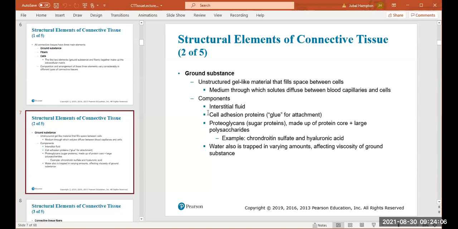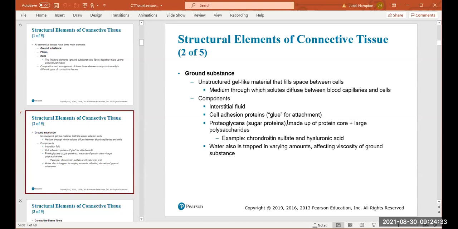Ground substance is an unstructured gel-like material filling the space between the cells. And indeed, it's the cells that are producing and maintaining this ground substance. It's going to be largely fluid, water, interstitial fluid, with a glue for attachment, glycoproteins, with proteoglycans.